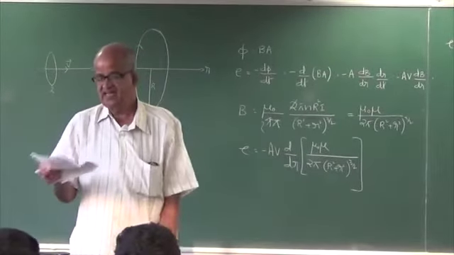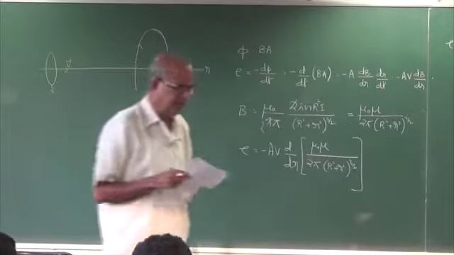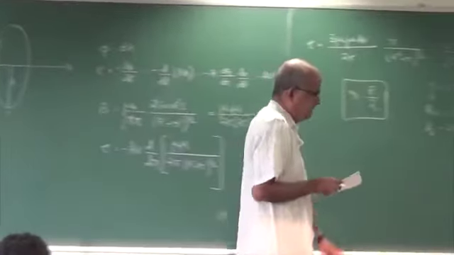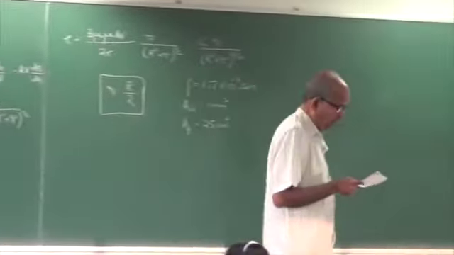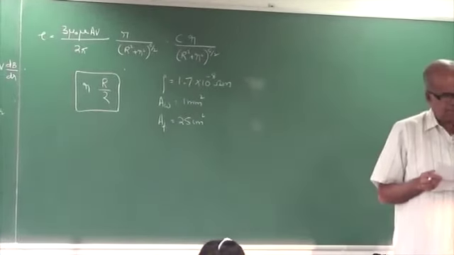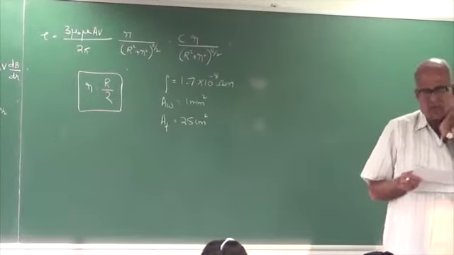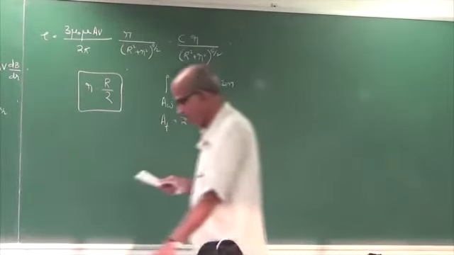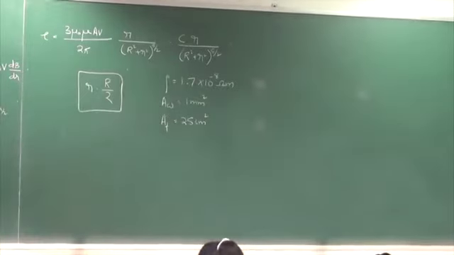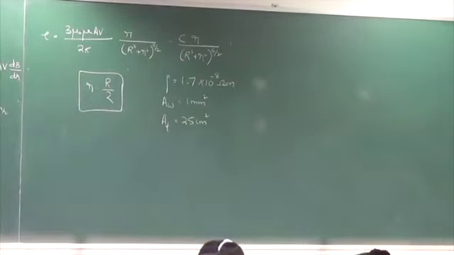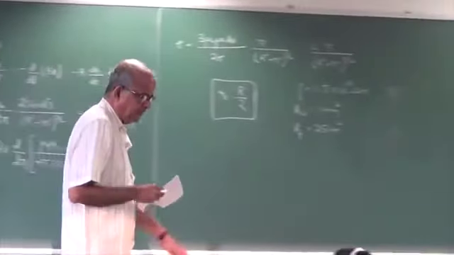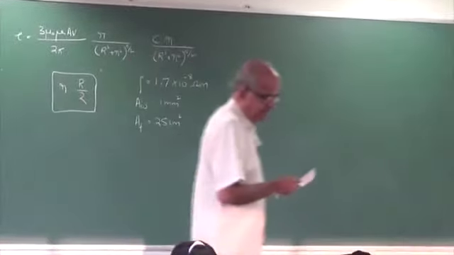And the field lines are perpendicular to the frame. What quantity of electricity will pass through the frame when the magnetic field disappears?